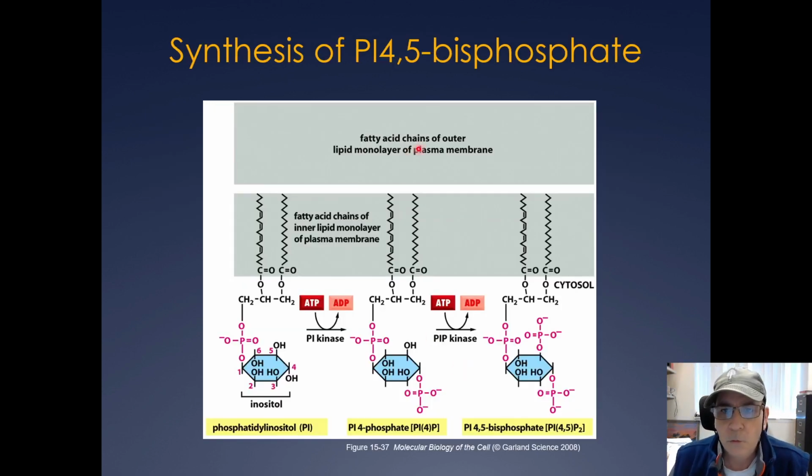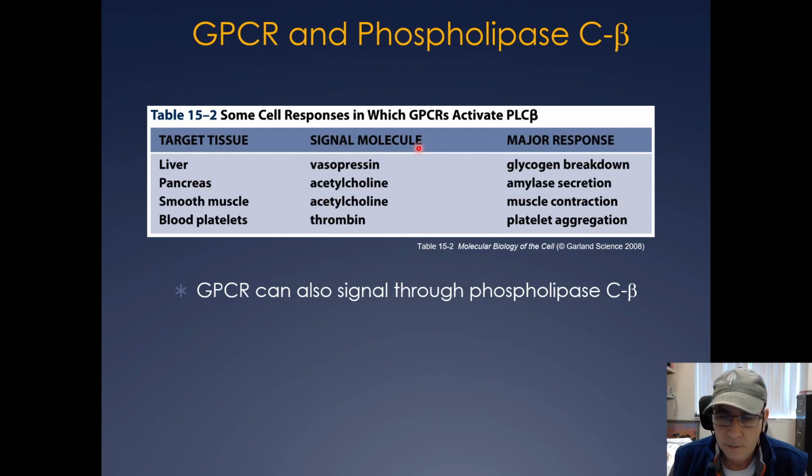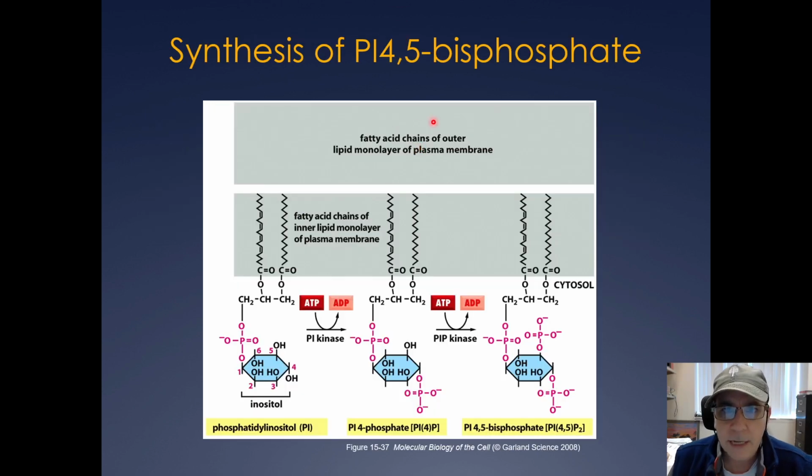And so before we get into what phospholipase C beta does, we need to look at synthesis of phosphatidylinositol bisphosphate. Okay, so normally you have this lipid phosphatidylinositol. Here's what it looks like.